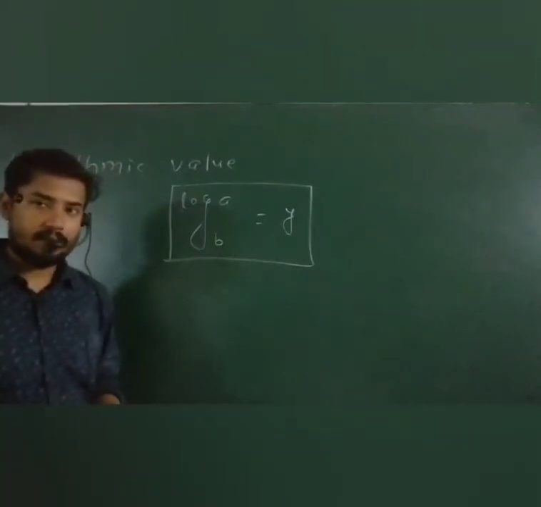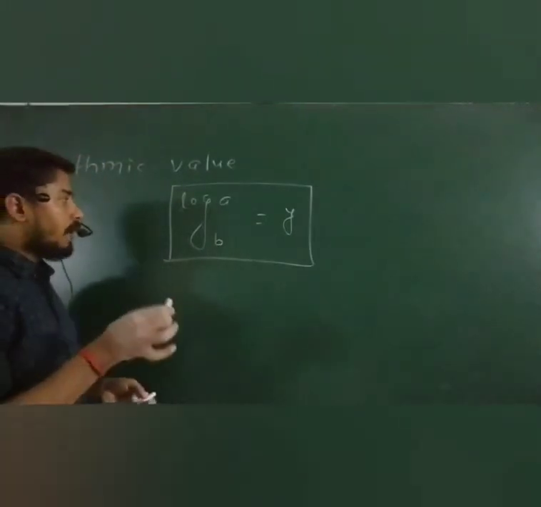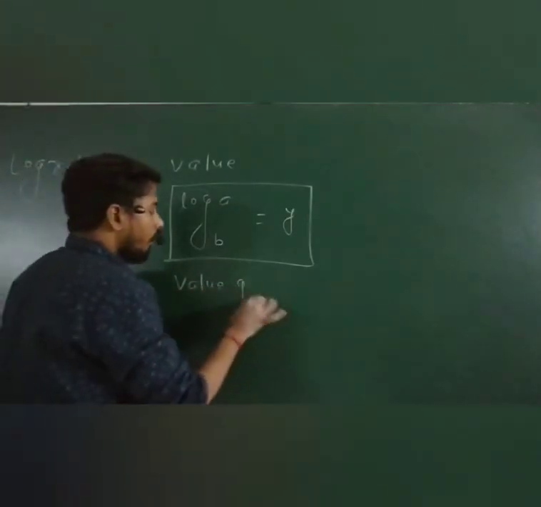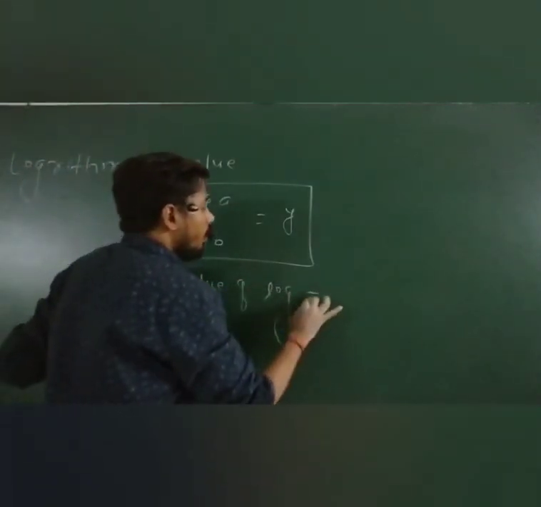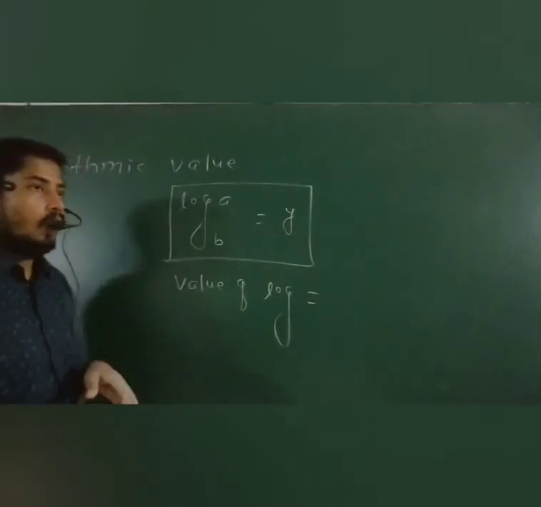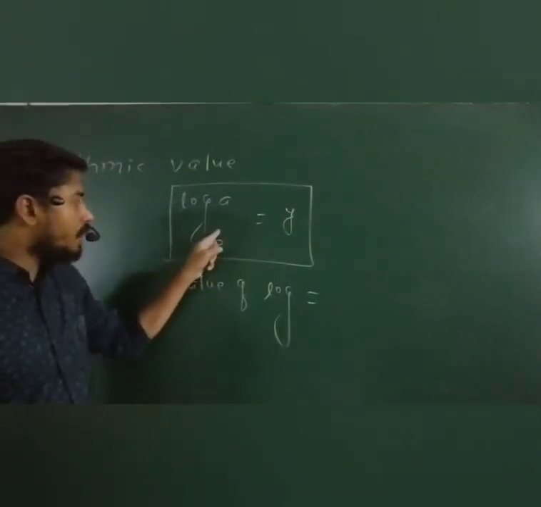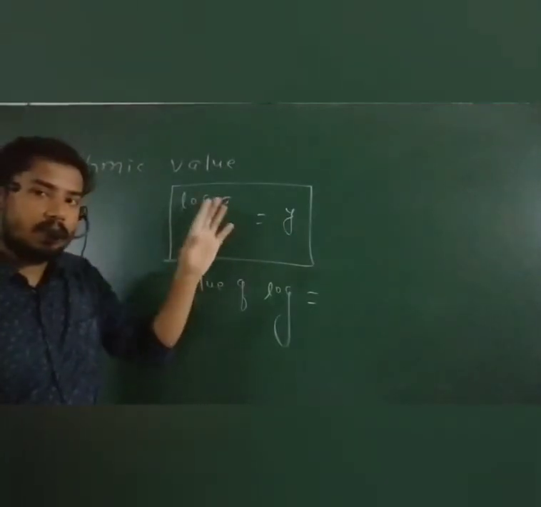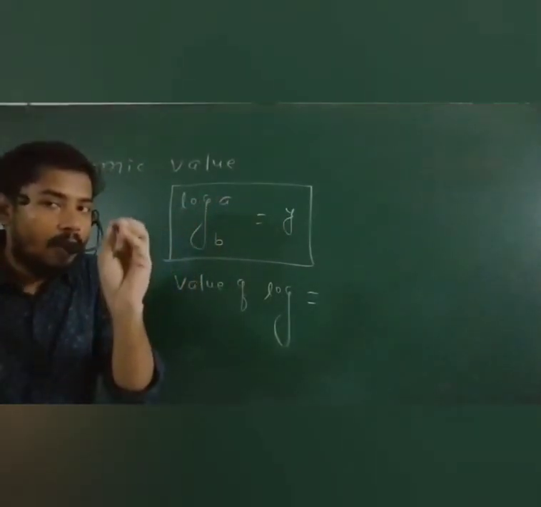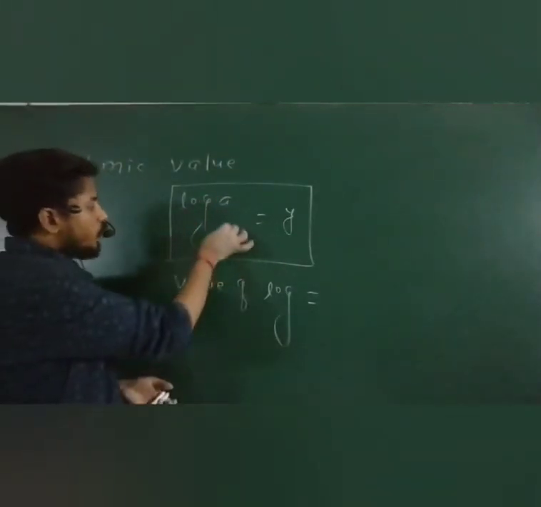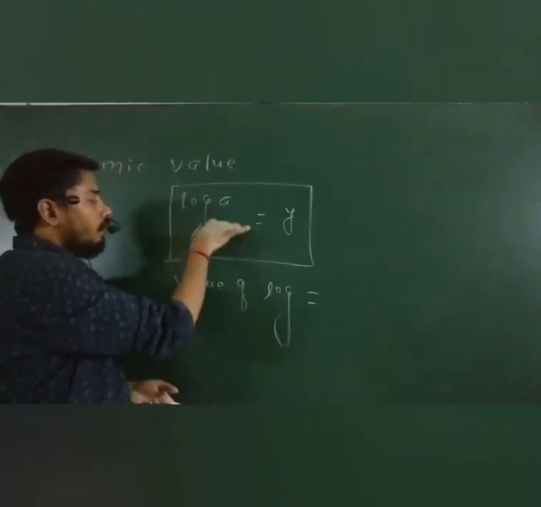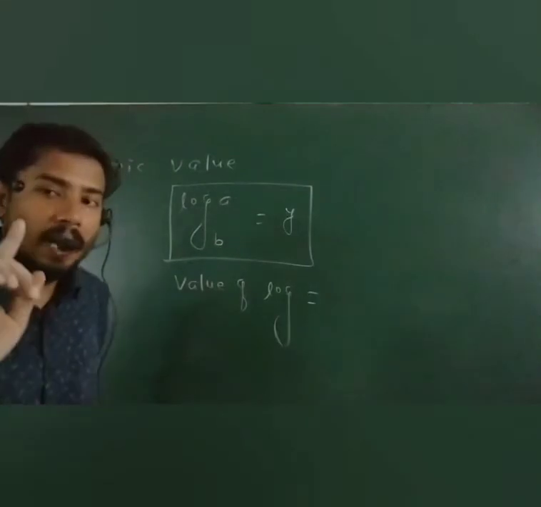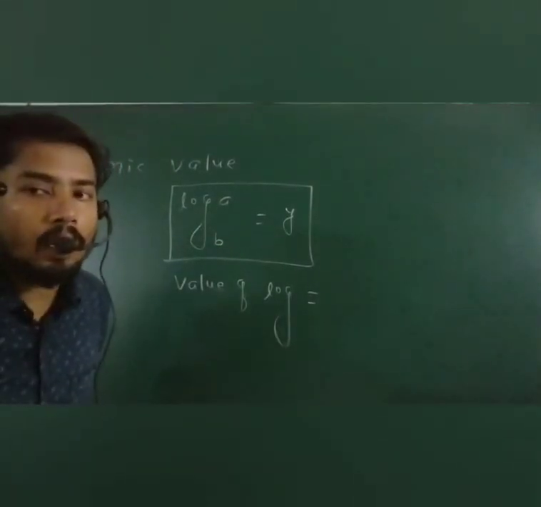Getting the point? It means, simply, the value of log means what? What should be the power of the base so that it becomes equal to the argument? That power is called the logarithmic value.